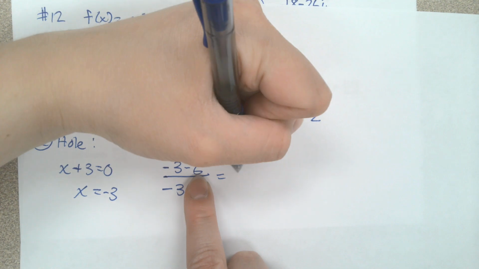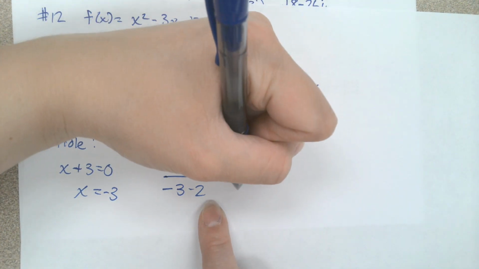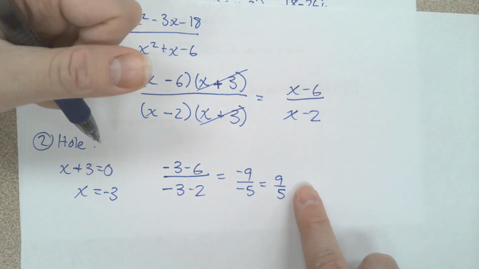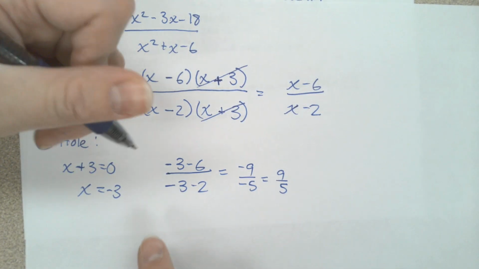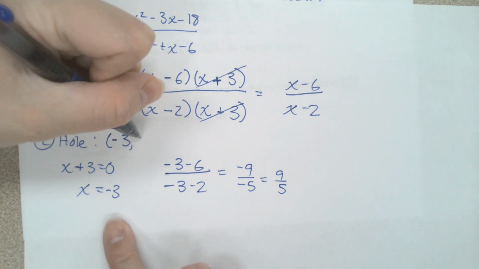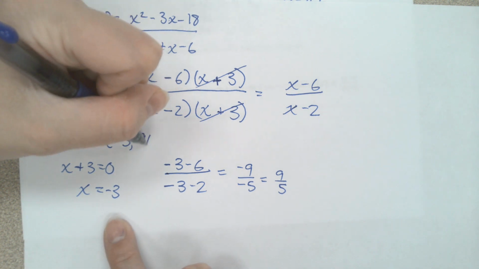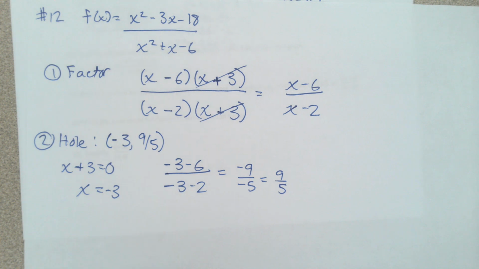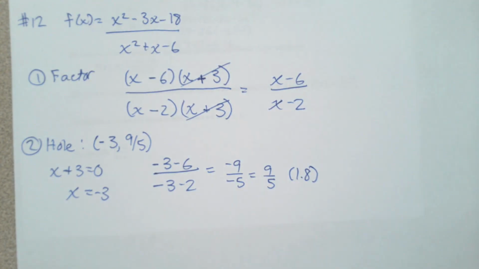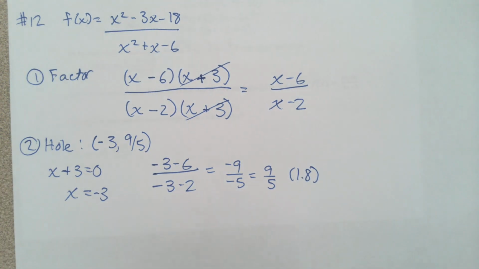Negative 3 minus 6 is negative 9 over negative 5, so 9/5 is the y value. So our hole is at negative 3 and 9/5, which I will get as a decimal. That should be 1.8, but I'm going to check. Yes, 1.8.